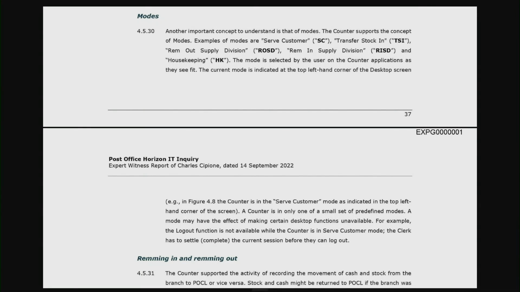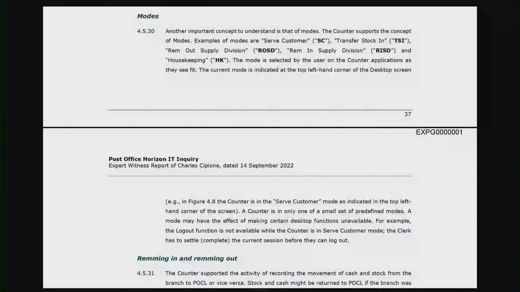So the concept of a mode allows the different functionality of the Horizon system to be accessed by the user. The one that everyone would be most familiar with is serve the customer, conducting the business of selling stamps, performing the transactions of the post office stock and cash.